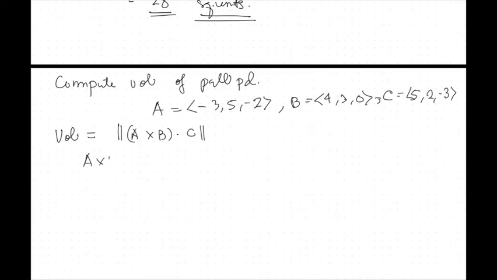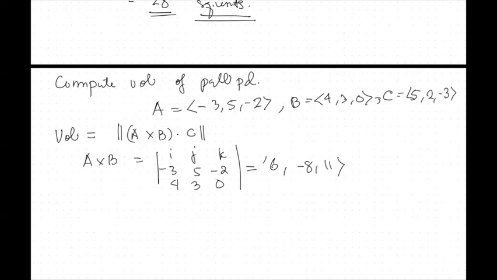So A cross B first. I, J, K, and then -3, 5, -2, 4, 3, 0. For the first component, you have 0 minus 6. So 6, and then you get -8 and 11. So let's verify this. For the first component, cross this out: this is 0 minus 6, positive 6.